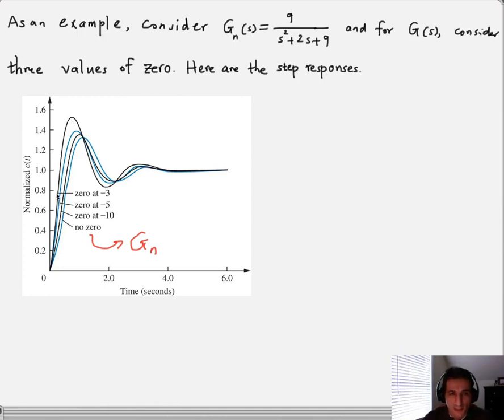Okay. So for example, as you see, when the 0 is located at -3, the peak time has decreased significantly compared to this, and also the peak value has increased significantly. So really the peak occurs sooner, but the value of the peak is going to be larger.